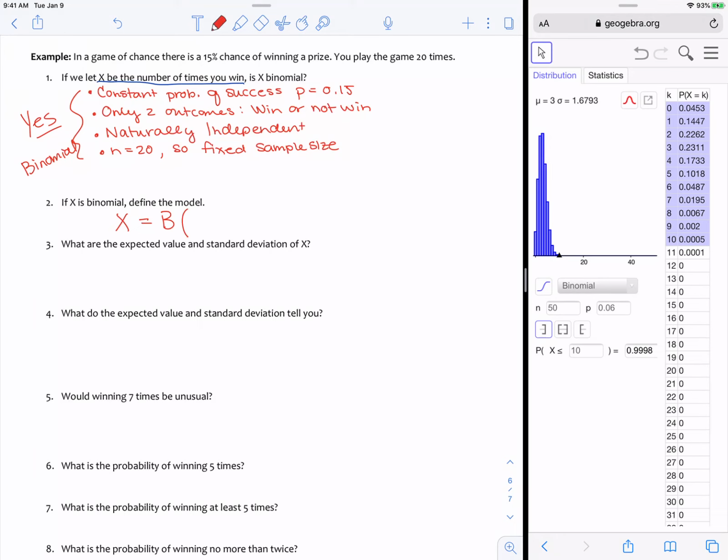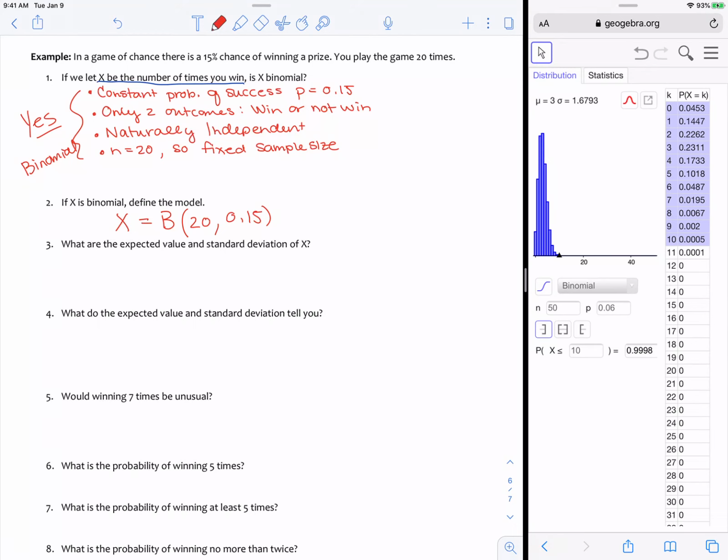And then the parameters, or the things that we require to input to do any probability calculations on this distribution, are the sample size, or the number of trials, which is 20, and we also need the probability of success. So that was 0.15. Okay, so that is defining the model.